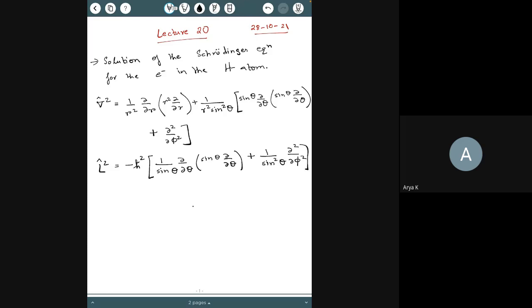So basically, except for the h bar squared factor and the r squared over here, the L squared can be directly replaced in the Laplacian.